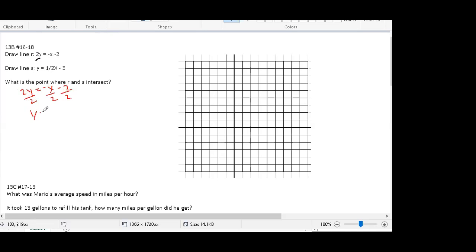So y equals negative 1/2 x minus 1. Now we can plot this easily. We go to negative 1, that's our y-intercept, and then negative 1/2 means we go up 1 and then backwards 2. Or you could say down 1 and forwards 2. So that's our line.